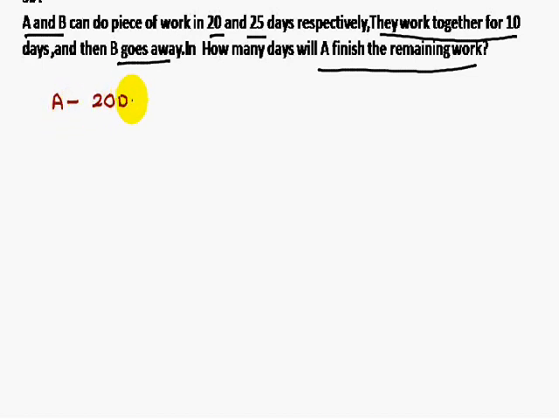Then 1 day work is 1 by 20. In 1 day he can complete 1 by 20th of the work. 10 days work is 10 into 1 by 20, that is nothing but half.